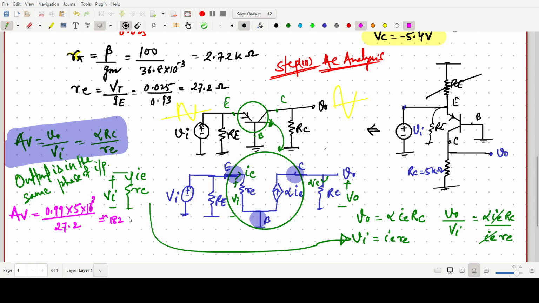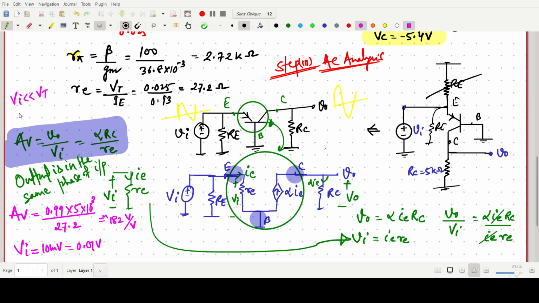It is a unitless quantity, but in the microelectronic circuits book it is written like this. For the input signal vi, generally we take 10 millivolt, which means 0.01 volt. Vi is very much less than VT.